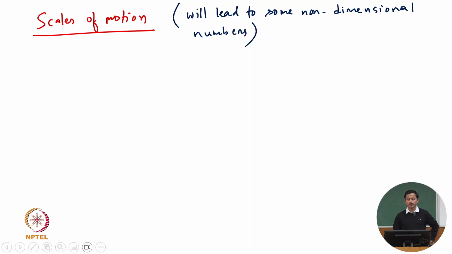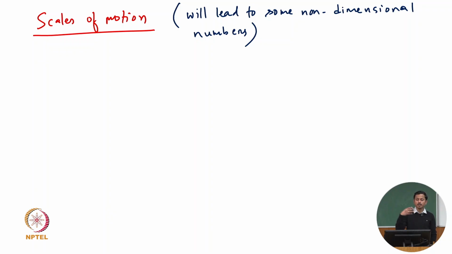A Reynolds number is something that I think most of us have heard about, but we'll get to some more non-dimensional numbers that can be generated, because there are various parameters at play here. There's rotation, there's stratification, and if you include the effects of viscosity, you can create various different numbers, also including inertia.